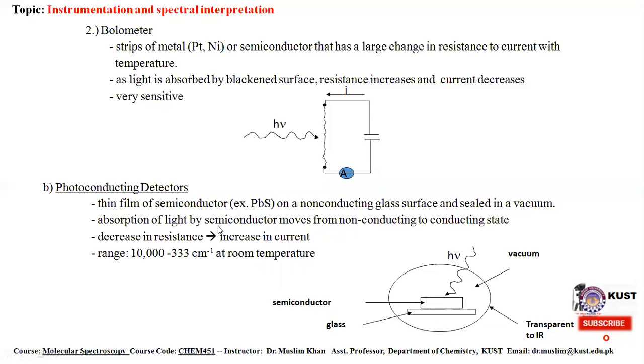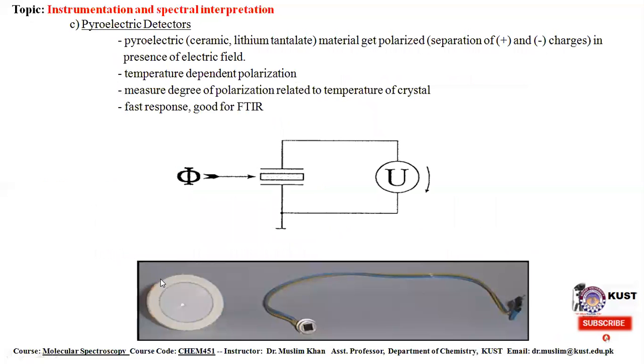So when sealed in a vacuum, absorption of light by this thin film of semiconductor changes it from non-conducting to conducting state. So a decrease in resistance usually increases the current. The range is from this to this at room temperature. So this is the photoconducting detector.